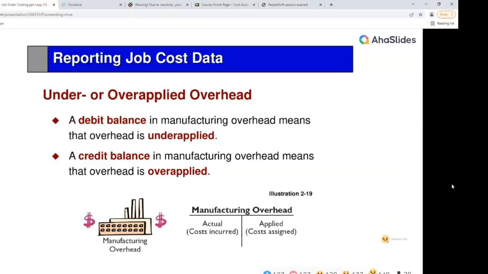If, on the other hand, I applied more overhead to the products than we actually incurred, then I over-applied the overhead. And if I over-applied, I'd have more credits than debits. So if I have a 15,000 credit balance, I debit manufacturing overhead 15,000, close it out, and I credit the cost of goods sold.